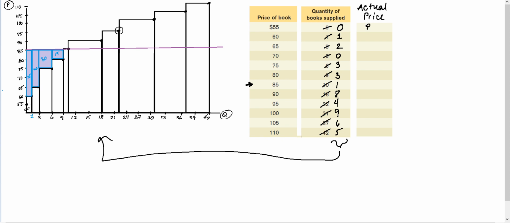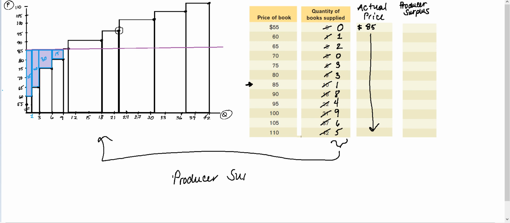Just as a reminder, the producer surplus is going to be the actual price minus what we've called the cost, which is actually the lowest price at which the seller is willing to sell. Okay, so here let's consider the first entry. I have that the actual price of the book is $85.